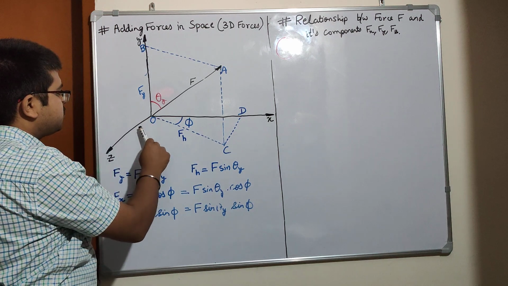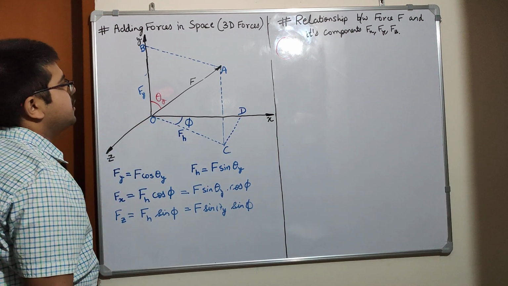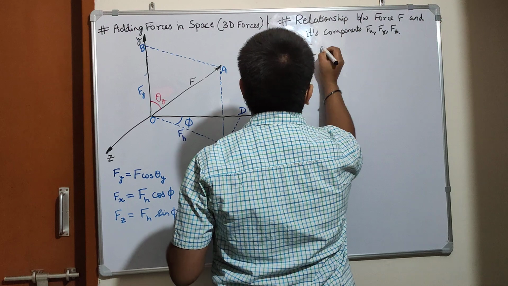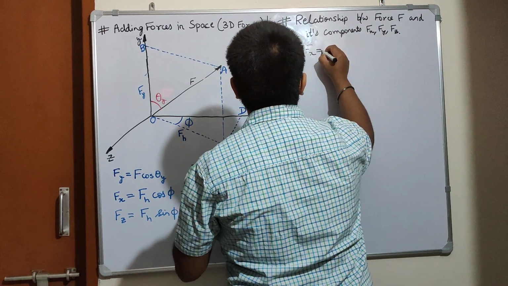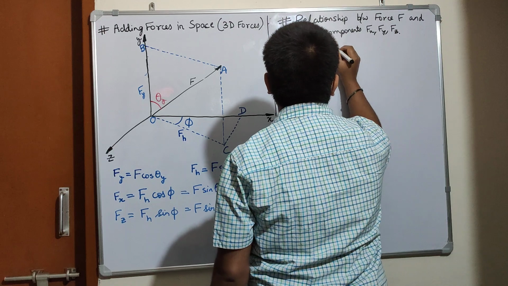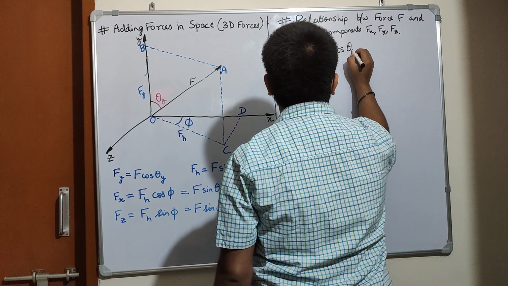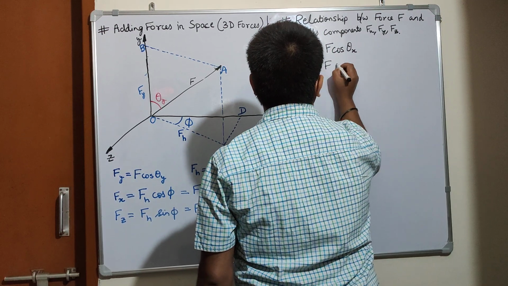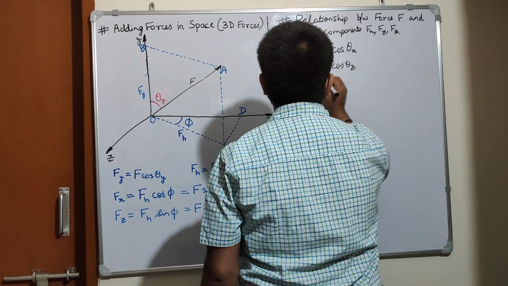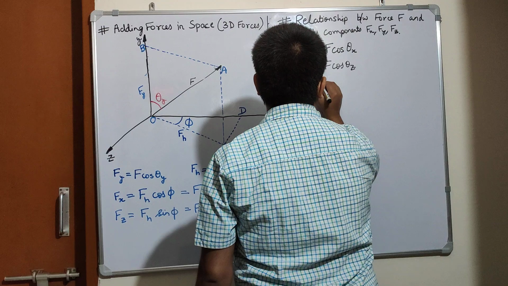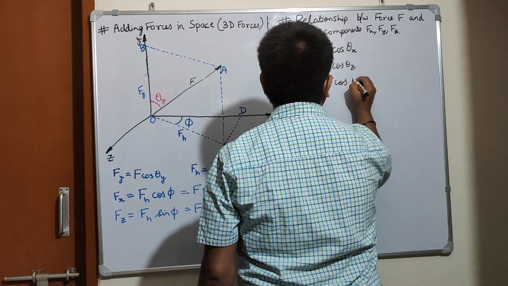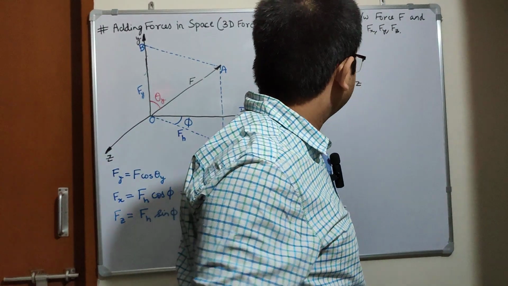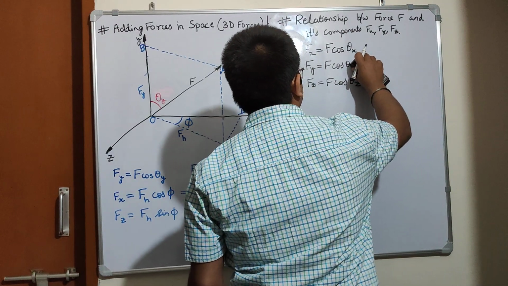So we can write Fx equals F cos theta x, Fy equals F cos theta y, and Fz equals F cos theta z.